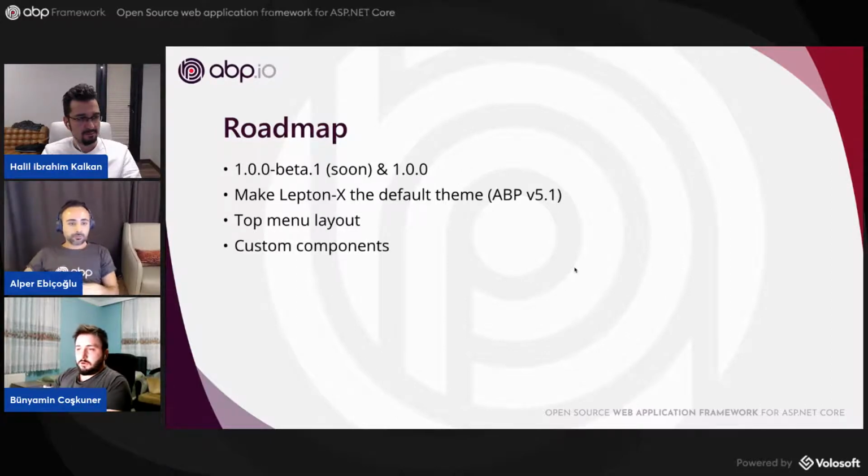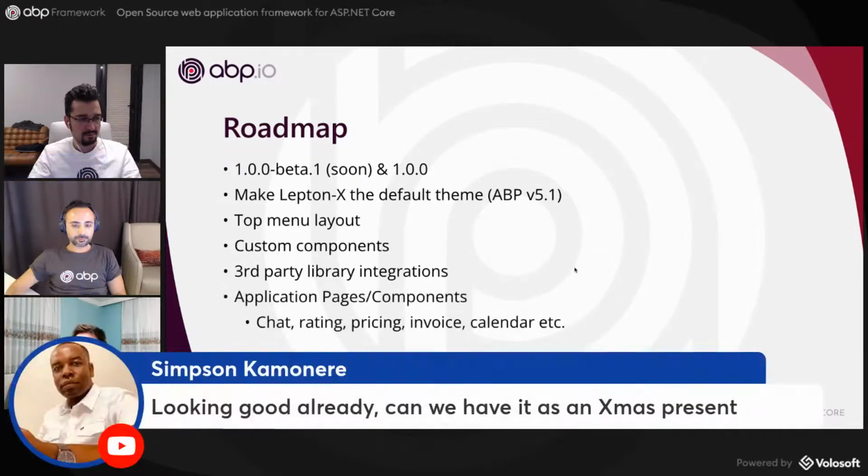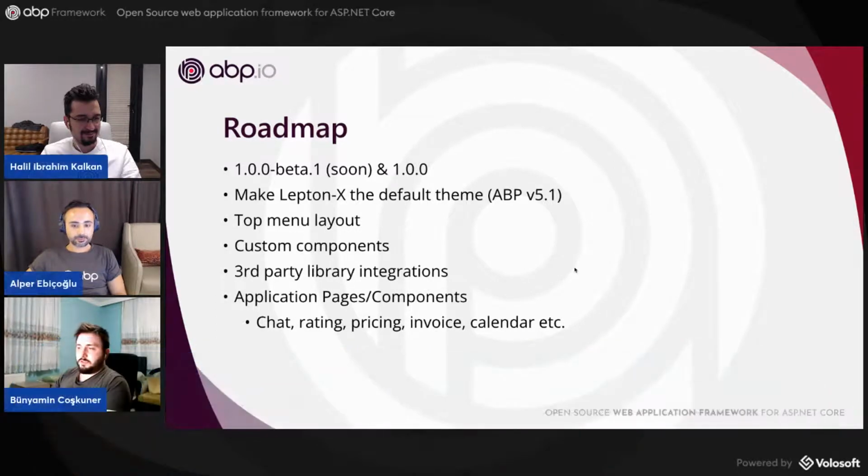There will be more custom components, and we want to integrate more third-party libraries so that if you like using some library that we haven't thought of, it will look nice and play nicely with Lepton X. We will work on application pages like chat, rating, pricing, invoice, calendar, etc. And we will work on public website layouts and so on.